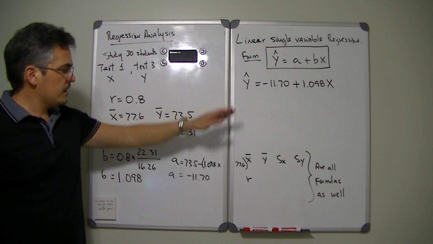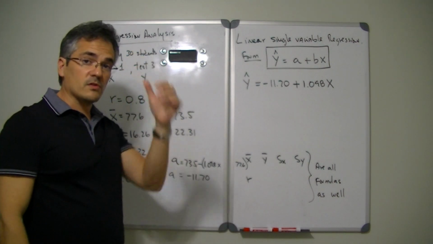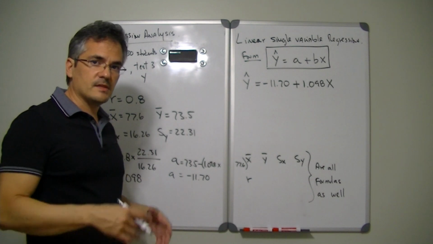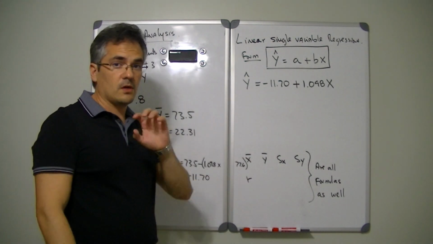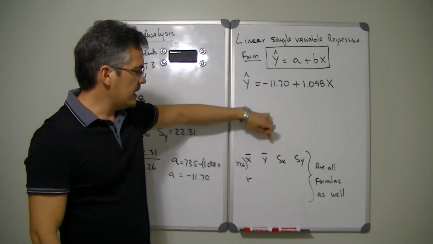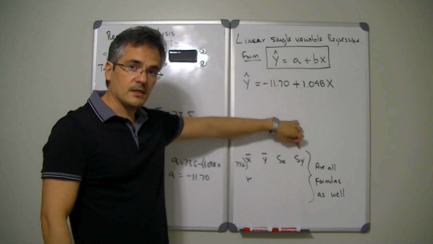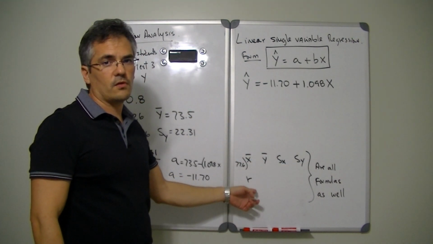Now before I move on, I need to remember that in order to build a regression, you must have already taken some basic statistics, because everything that you see here is already a formula on its own. So you have to learn how to calculate the mean, you have to learn how to calculate the standard deviation, and then you have to learn how to calculate the coefficient of correlation.